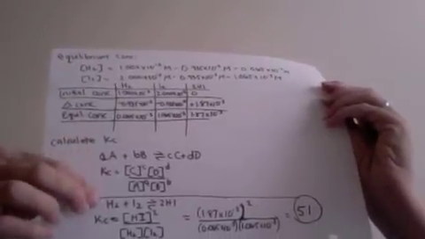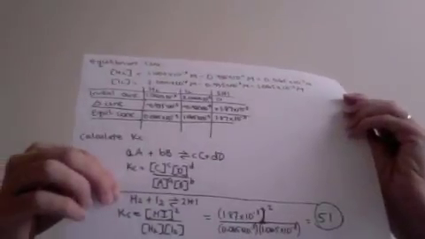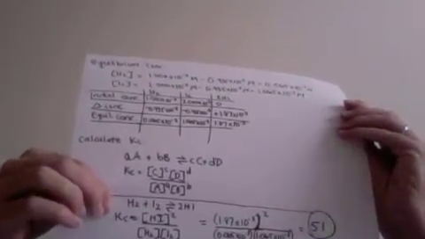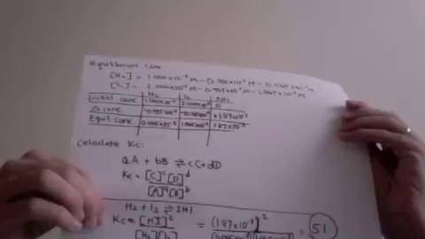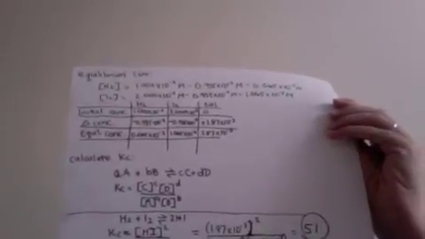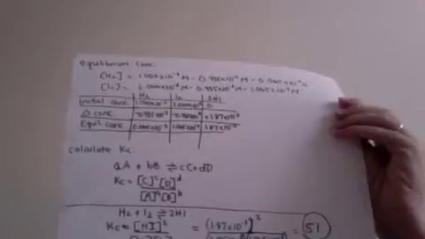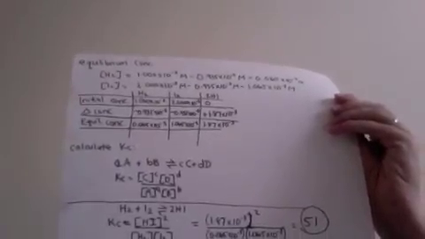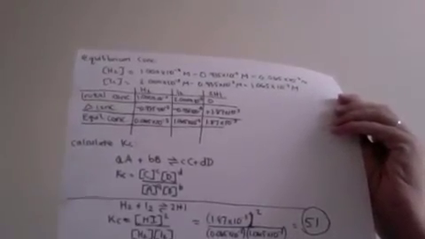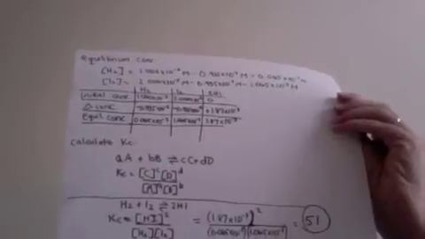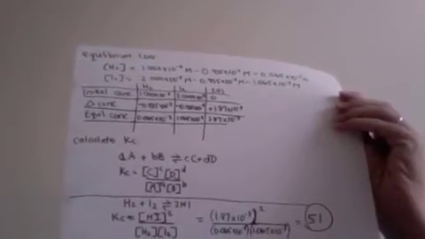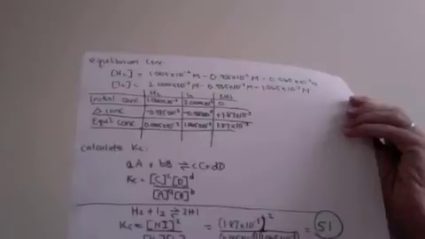So if you look at the equation that we're working with, the H2 plus I2 gives us 2HI. We can express the equilibrium constant as HI to the second power because of that 2 as a coefficient, divided by the product of H2 and I2 because we have two reactants. And those coefficients are 1, so that's what the exponents are for those reactants.